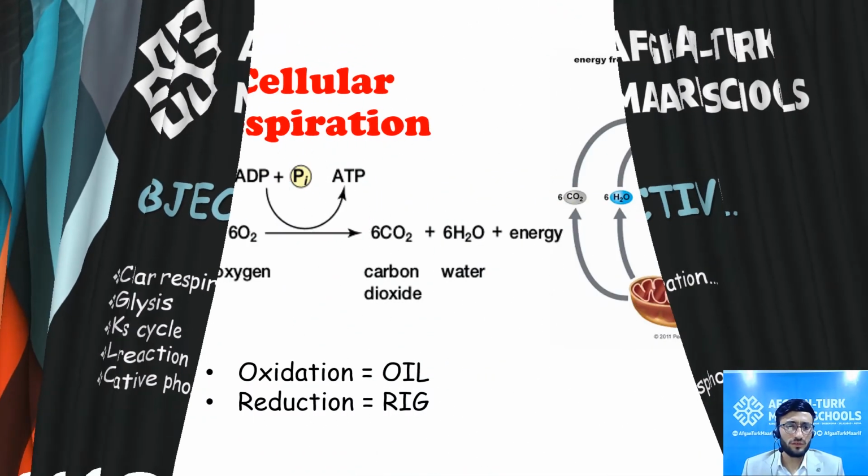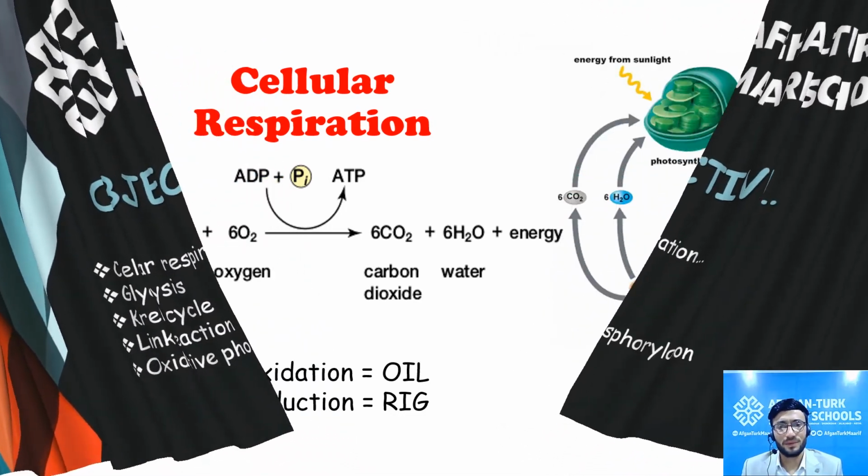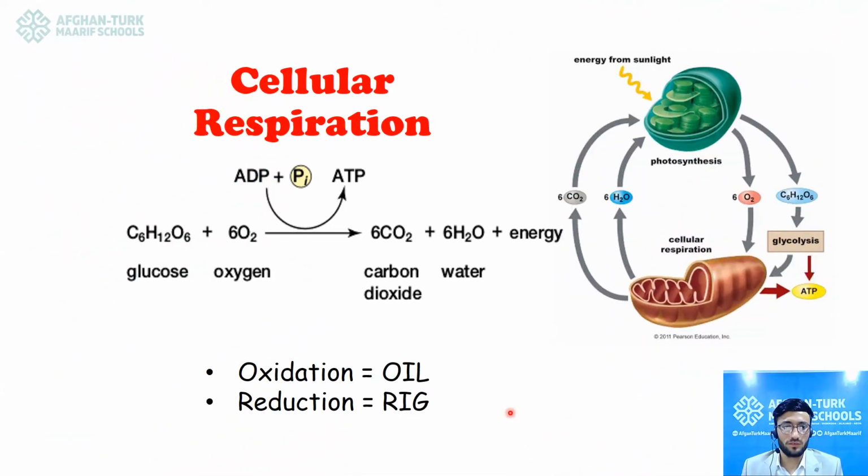In order to talk about cellular respiration, we end up with the result that cellular respiration causes ATP production. Now we know that ATP is called adenosine triphosphate, which is the energy currency used by living cells.